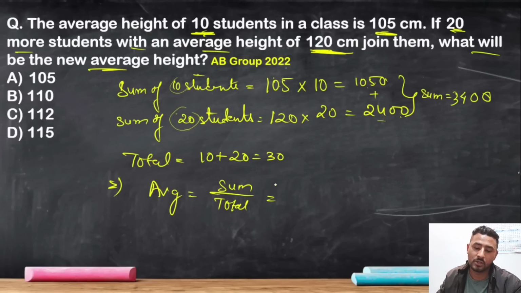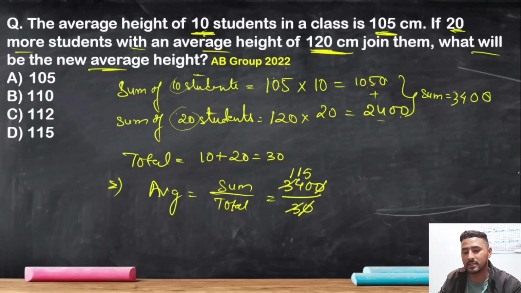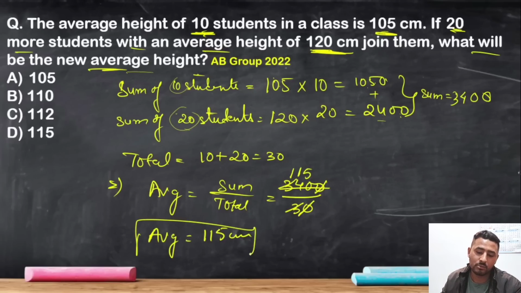So the sum is 3450. Put here 3450 divided by 30. Cancel the 0s. 3 ones are 3, 3 fives are 15. So we get 115. What will be the new average? The new average height will be 115 centimeters. Okay, so the answer is this one.